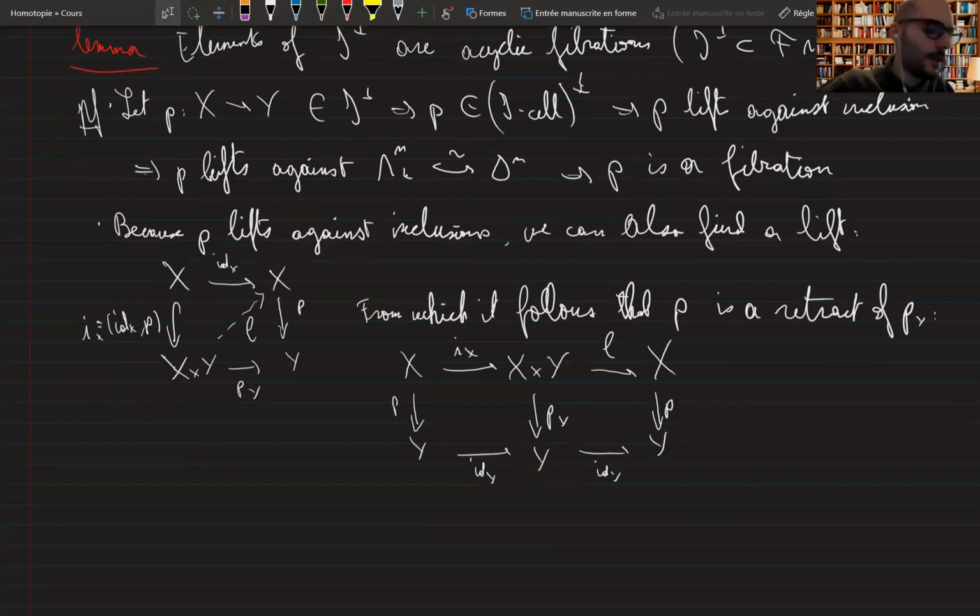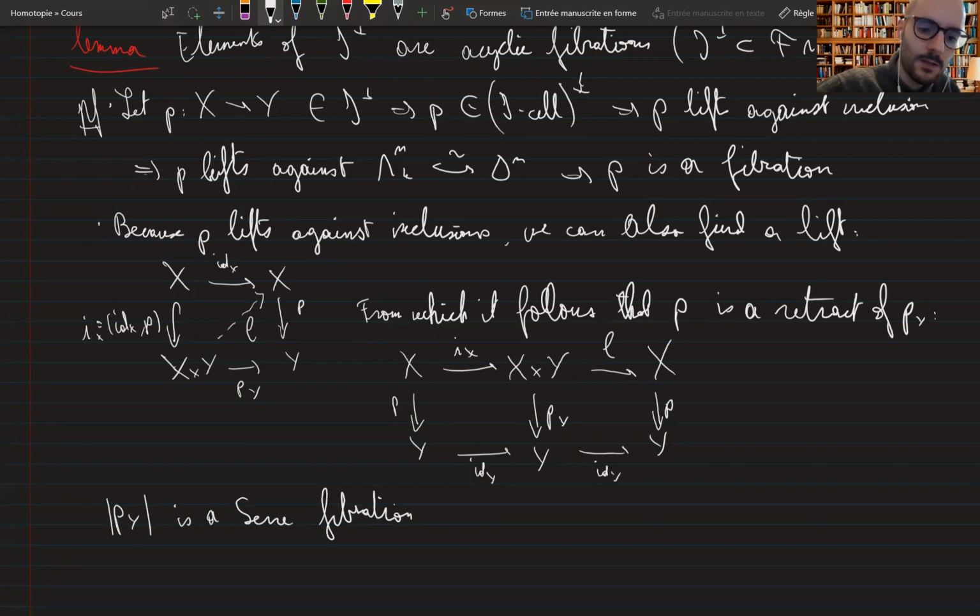All right. What I'm saying is that weak homotopy equivalences are not stable under pullbacks, but what we know is that the geometric realization of P is a Serre fibration.